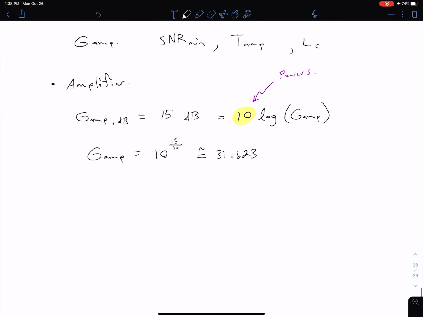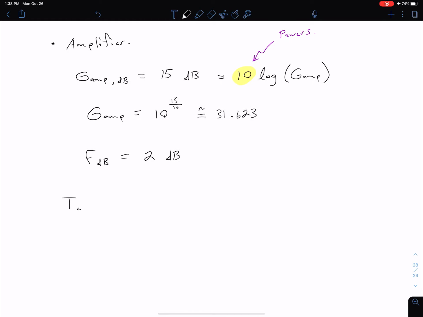So that was the gain of our amplifier. We've covered that. Our T amp we can get from our noise figure. Remember, we had an equation to get noise figure from a given effective input temperature, but we can rearrange that and say that T amp is equal to the ambient temperature, which is 290 Kelvin, multiplied by 10 to the power of our noise figure in decibels divided by 10, minus 1.